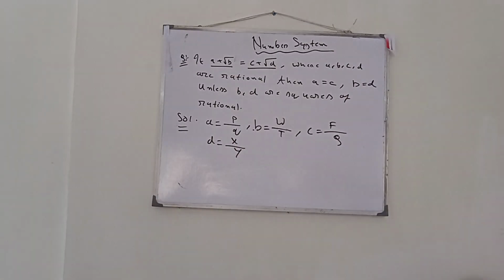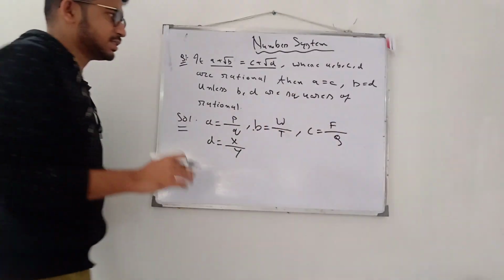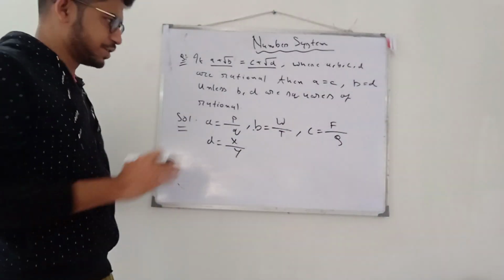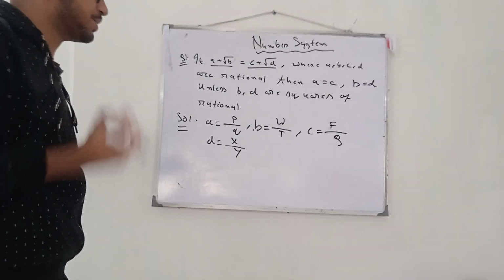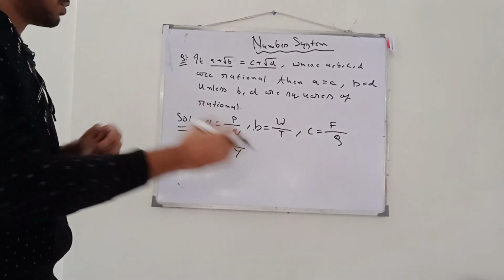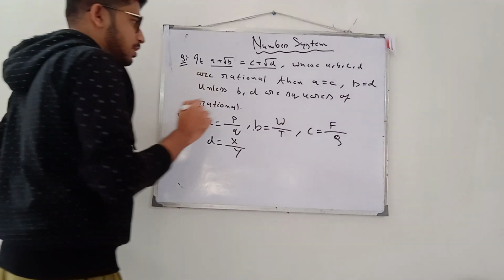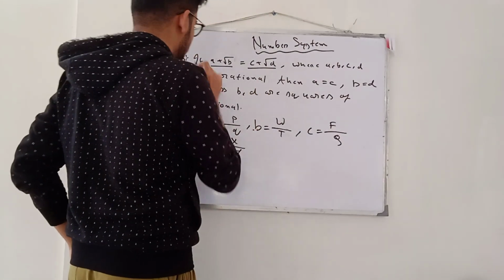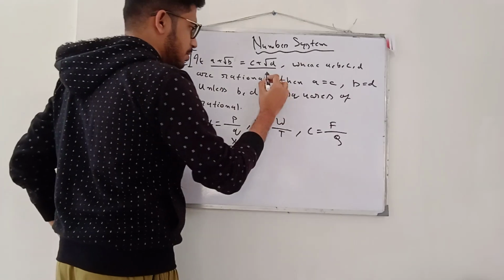So rational means those which can be written as a ratio. Those are rational numbers. So we are done with this part.